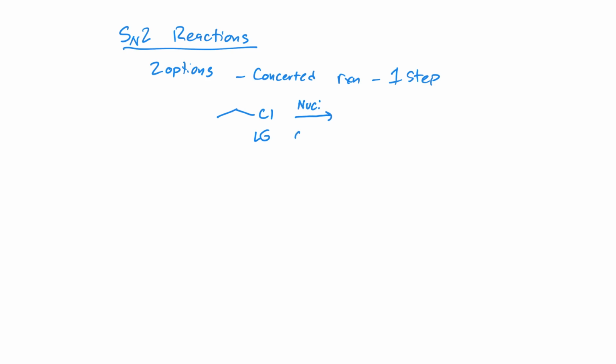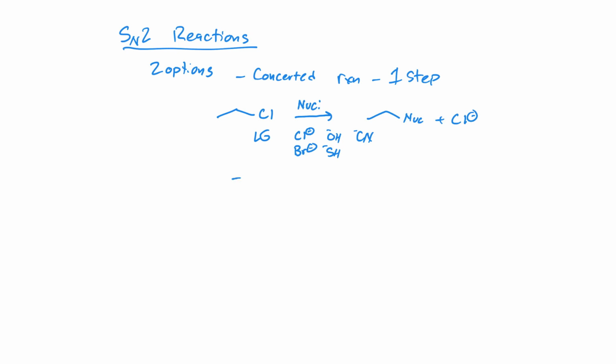So anything that's a good Lewis base, like chloride or bromide, OH-, SH-, CN-. There's a lot of examples here. We're not going to list them all right now. But if this happens in one step where the nucleophile substitutes for the chlorine, we end up with this product, where now the chlorine has left, the nucleophile is attached to the carbon chain.